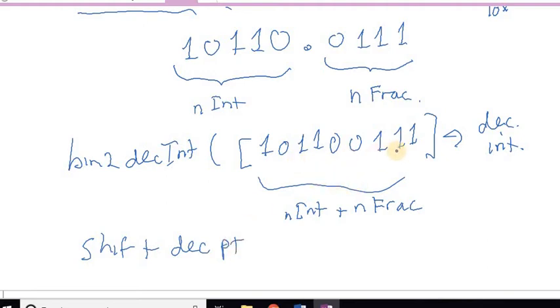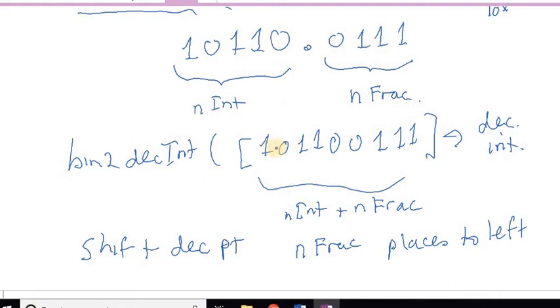Now, you can think of this integer number as having the decimal point at the end. So I want to shift the decimal point 4 places to the right. And 4 corresponds to nfrac, okay? So I want to shift the decimal point nfrac places to the left. Now, does this correspond to multiplying or dividing? Well, you have to think, is this integer bigger or smaller than this fixed point number?